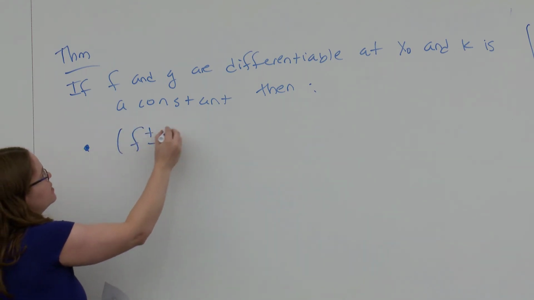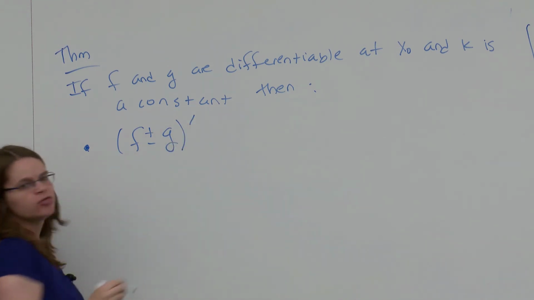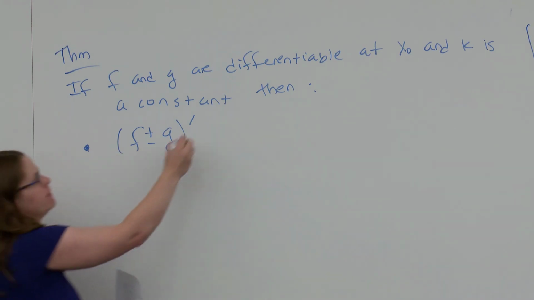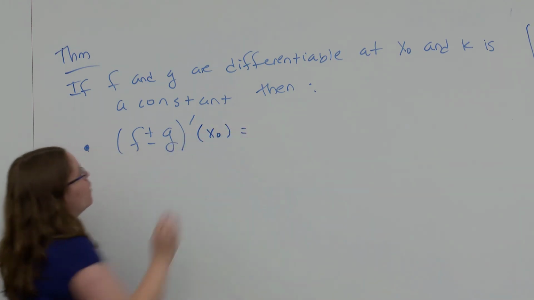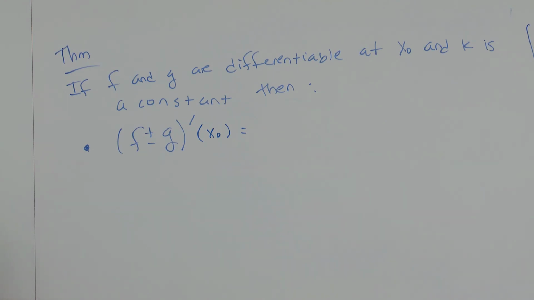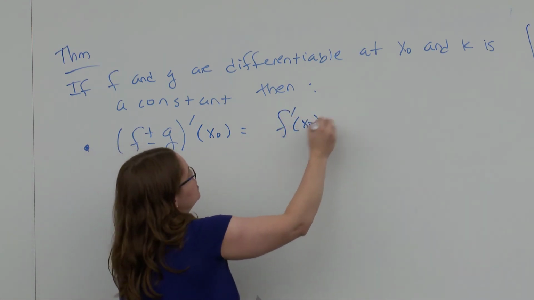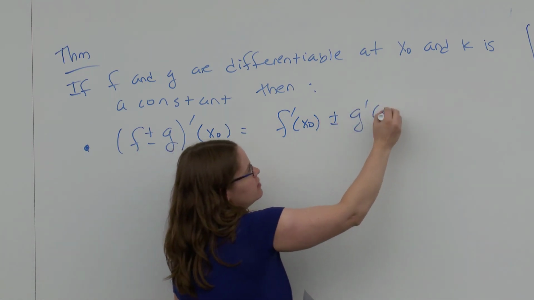F plus or minus g prime. So if I take the two functions and add them together to get a new function, and I take the derivative of this new function, well, I could have done the derivatives first and then added these together. So f prime of x naught plus or minus g prime of x naught.